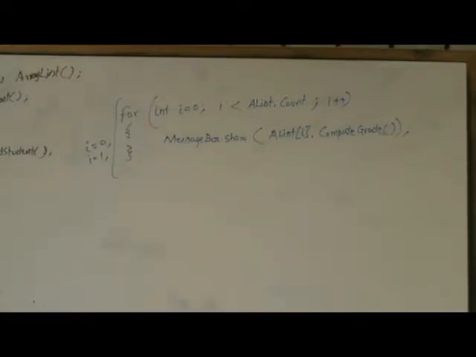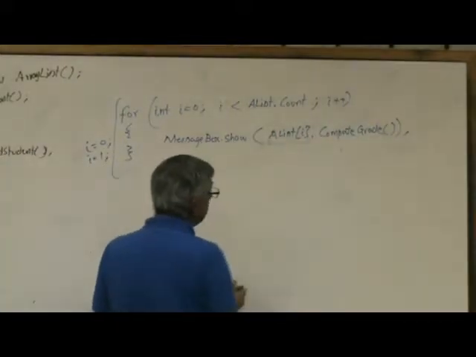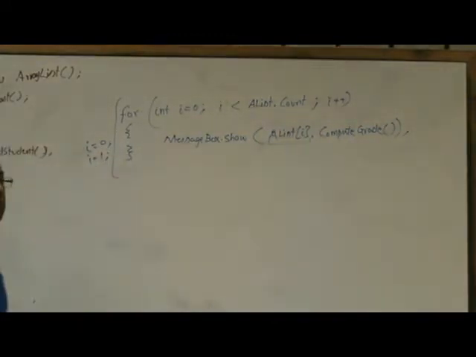Okay. What data type is a list of I? Object. Remember, anything that's stored in the array list becomes an object. So it's an object. Does an object have a compute grade method? So the code won't even compile, right?